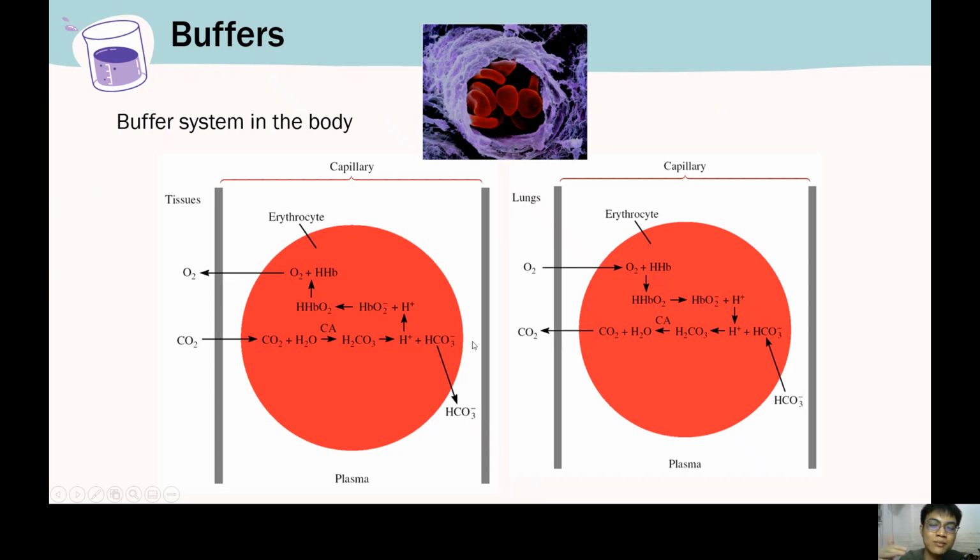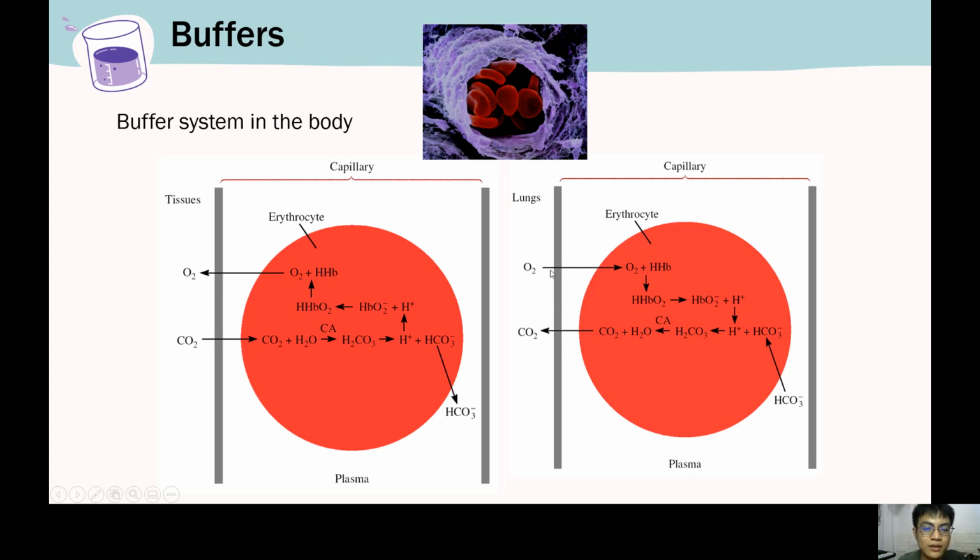So it means it balances our pH in the body. And so, everything in here causes us to have a maintained pH.